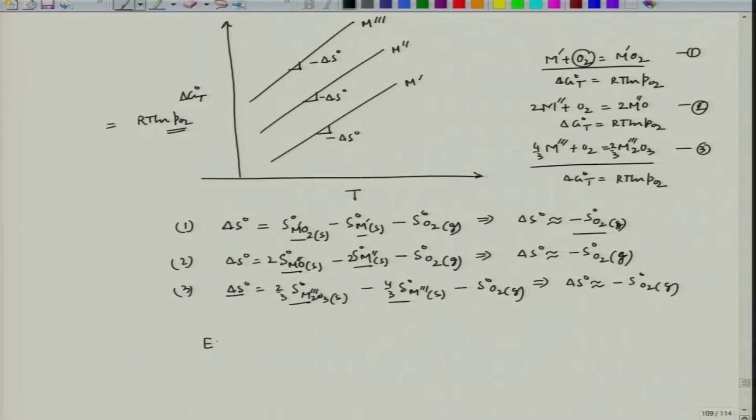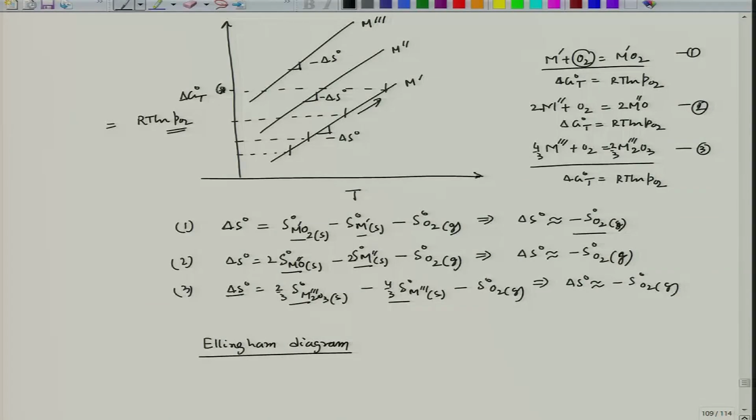Now, this is nothing but the Ellingham diagram. From this Ellingham diagram, one can calculate the partial pressure of oxygen which is in equilibrium at any temperature. For example, if I consider this line, then at different temperatures I can calculate the partial pressure of oxygen by simply noting down those delta G 0 T values at different temperatures.